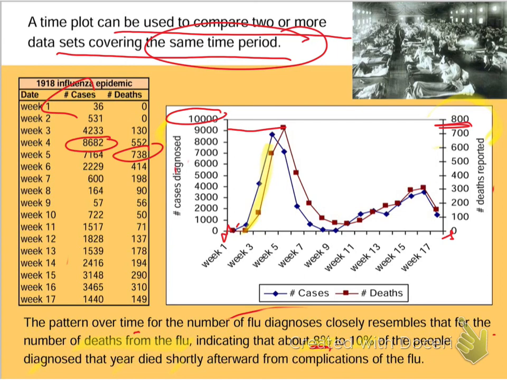It's just a comparison indicating that about 8% of the people diagnosed every year with flu are dying. If the number of cases increases, deaths increase, but it's not the same figure. It is the same trend, with a percentage of 8,000 to 10,000, because both are almost reaching the same target here.